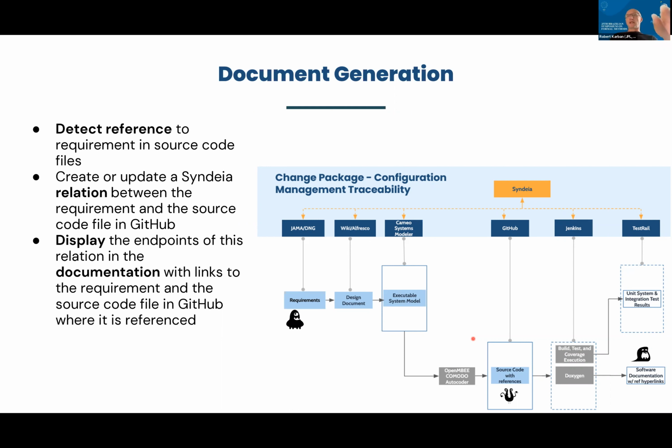And display those end points of the relationship also in the documentation that we produce from the source code, right? And you can think of that further, right? We could probably generate that automatically, because we might already have that connection. If it's model based, we can have that relationship in the model and propagate that to the generated code automatically, right? So we'll have the relationship from the model to the requirement, but then also from the code to the requirement and to the model, right?